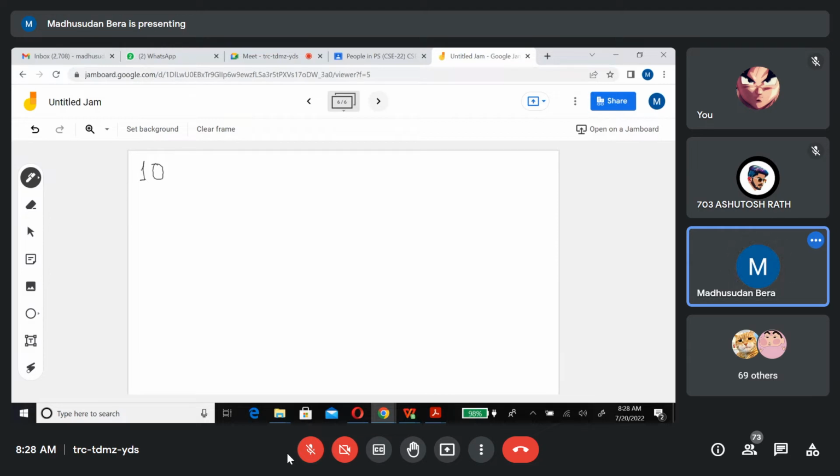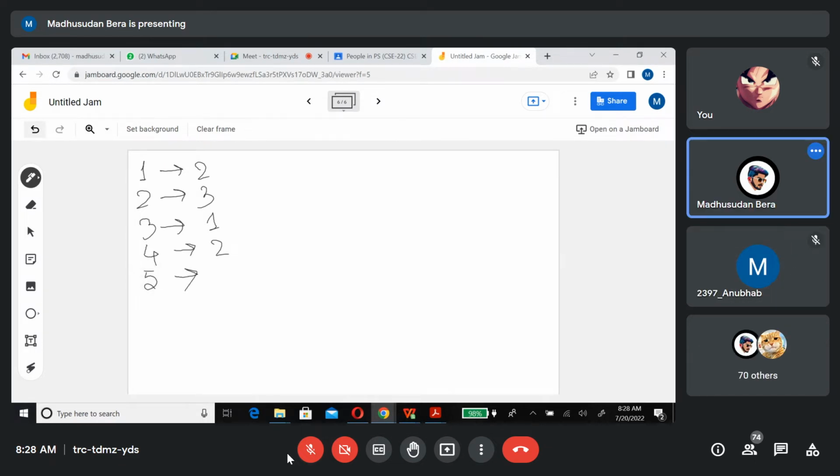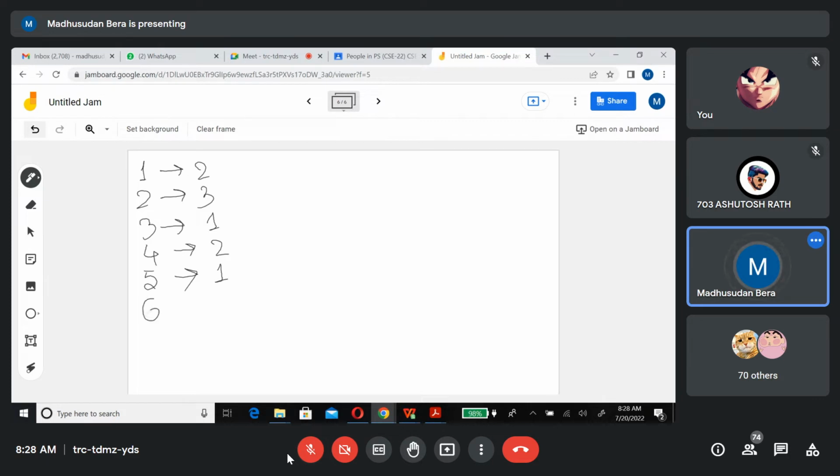Suppose 1 occurs 2 times, 2 occurs 3 times, 3 occurs once, 4 occurs 2 times, 5 occurs once, and 6 occurs once. So these data are given.